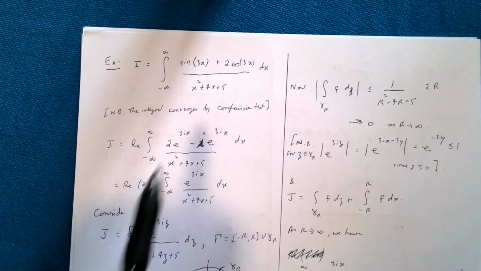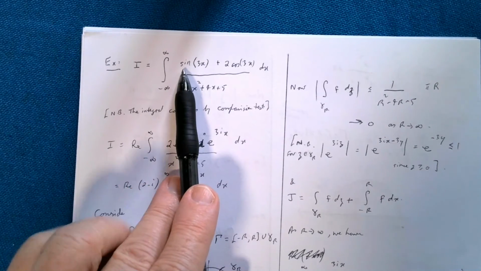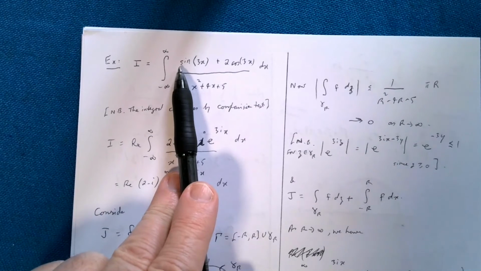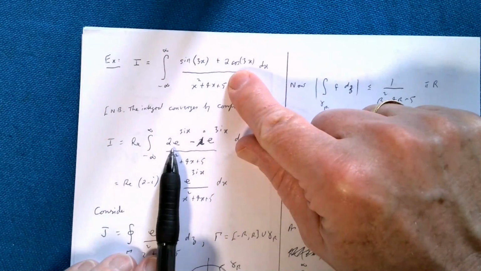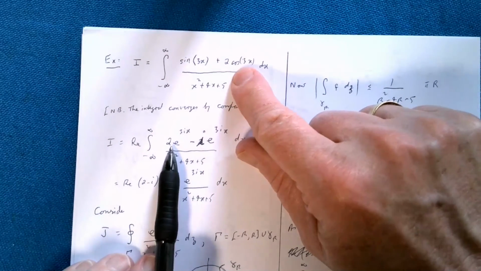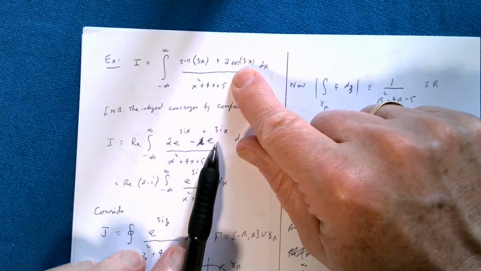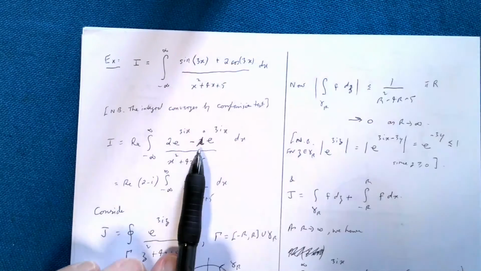Now when you get sines and cosines in the story here, you want to get some complex numbers into here, and when you see sine and cos, you're thinking of real and imaginary parts of things. So this is the real part of 2e to the 3ix, and if I take e to the 3ix and multiply by minus i, then the real part of that will be sine 3x.